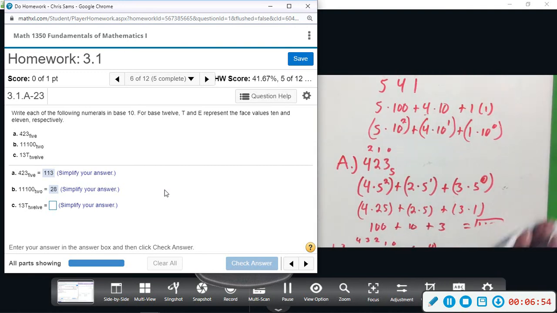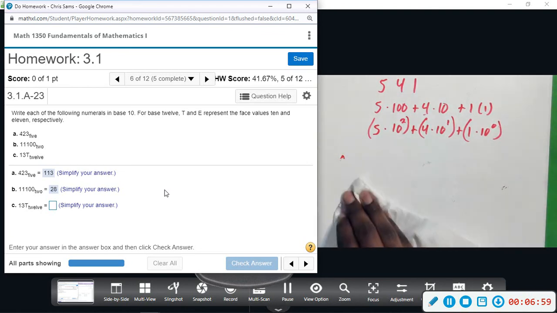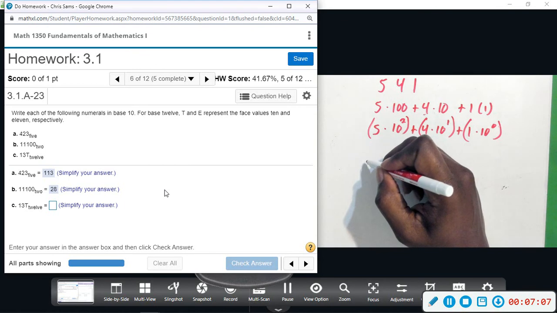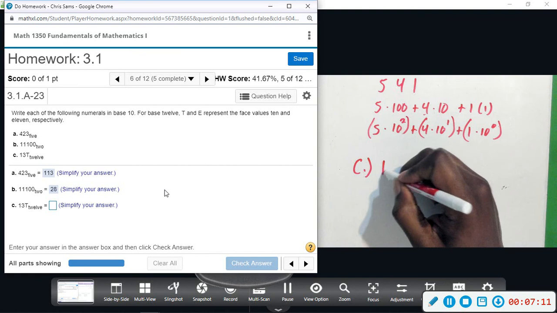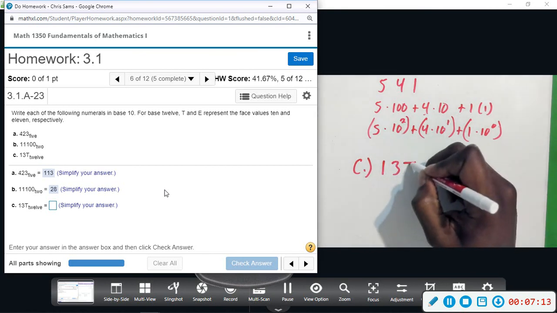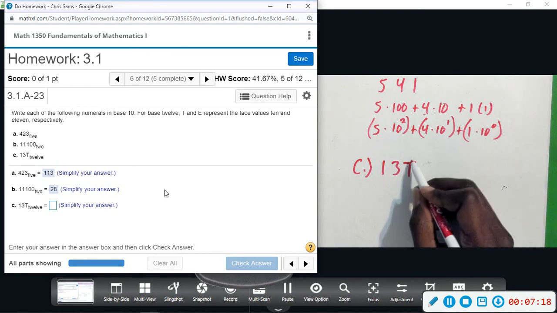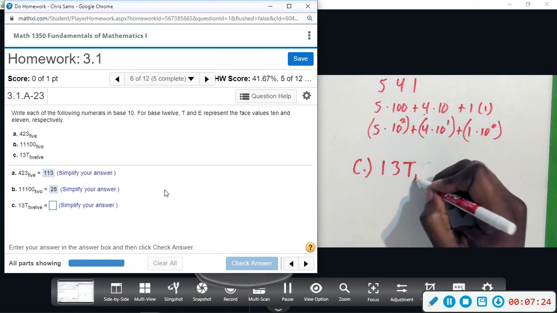Let's have some more space. Okay, so we have C. This is base 12. Same thing though. We're going to do this 1, 3, T. Now they tell us to note this T stands for 10. There's 10 single ones here in this spot, which doesn't count over until we get to 12 since we're dealing in base 12.